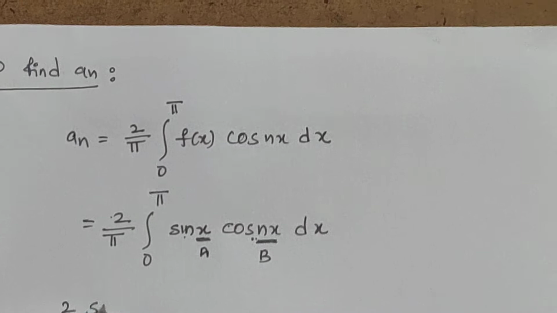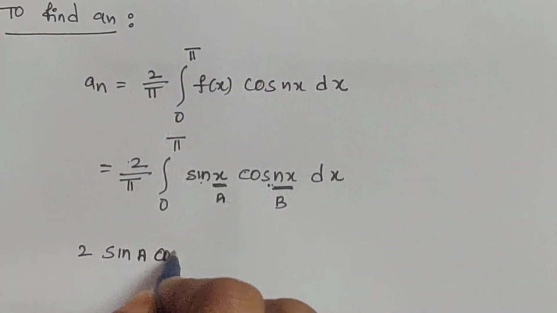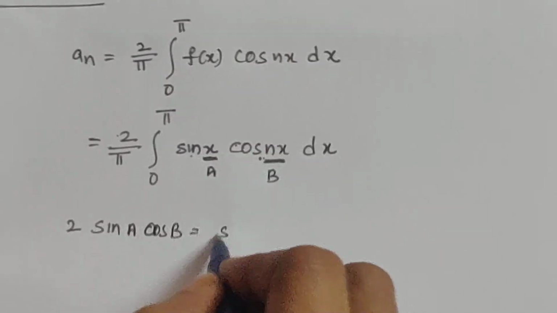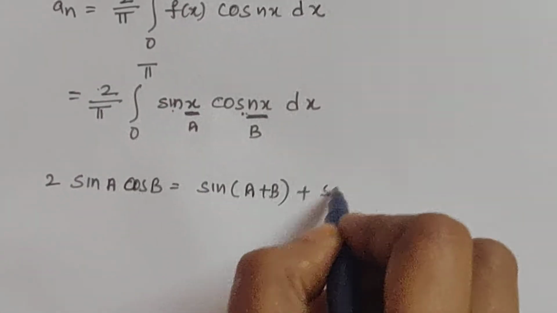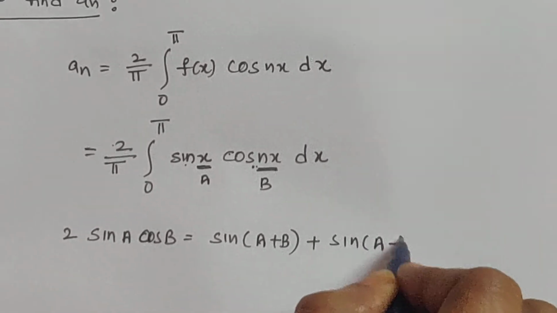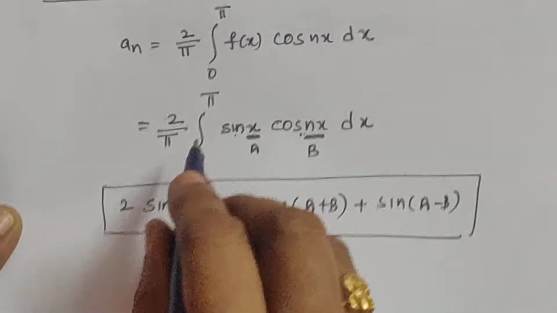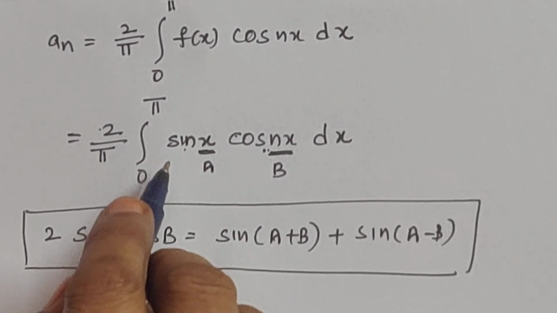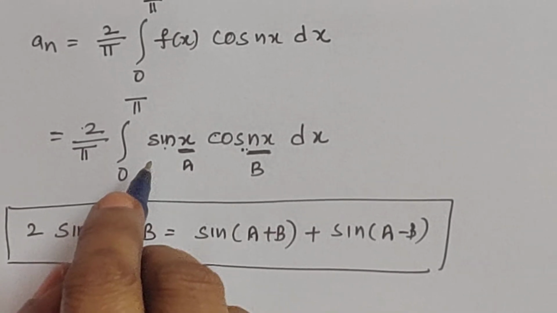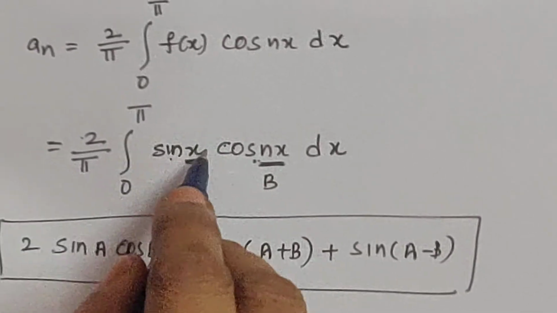We have the formula 2 sin a cos b equal to sin of a plus b plus sin of a minus b. Under the integral, if one of them is algebraic and another one trigonometric, we go for the generalized rule of integration by parts. But here both are trigonometric in product.